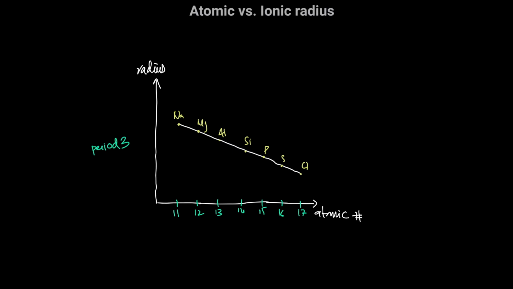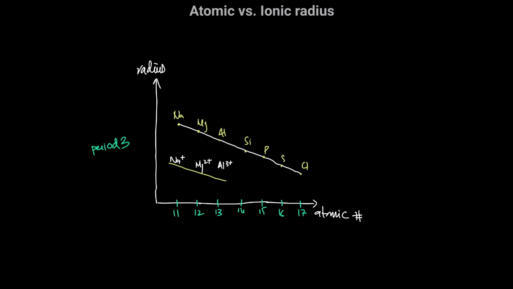But now what we also see here is that the cations are smaller than the parent atom. So if you look at sodium cations, magnesium cations and aluminum cations, for example, they would be smaller than the parent atoms.